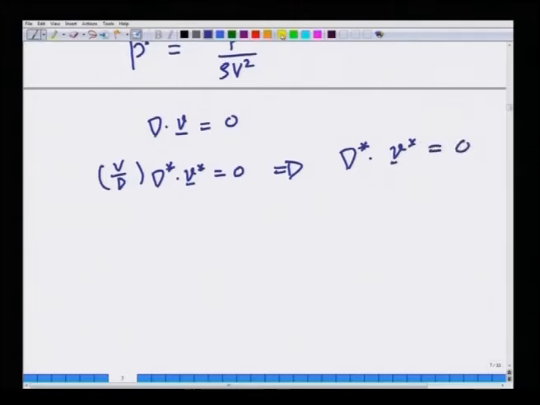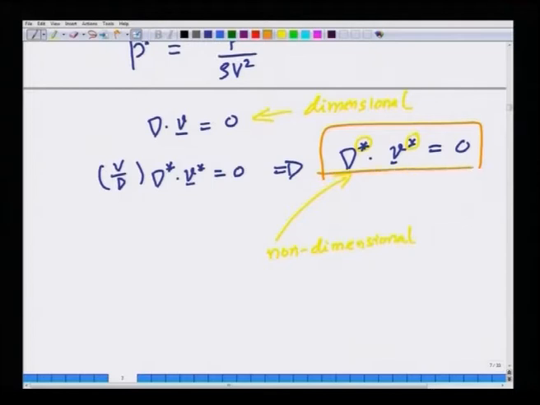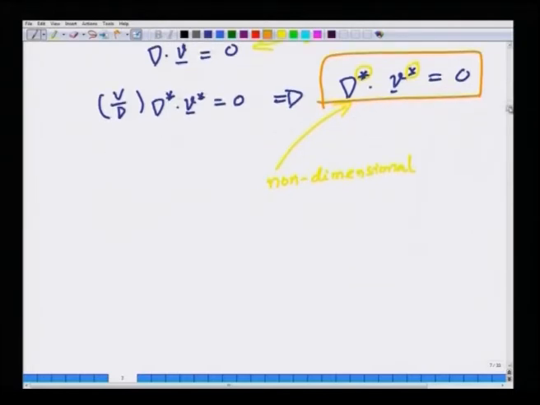This is the dimensional continuity equation. This is the non-dimensional continuity equation. And as you would have realized by now, all the non-dimensional variables are denoted by an asterisk or a star. Okay. This is the non-dimensional mass conservation equation, the differential mass conservation equation.